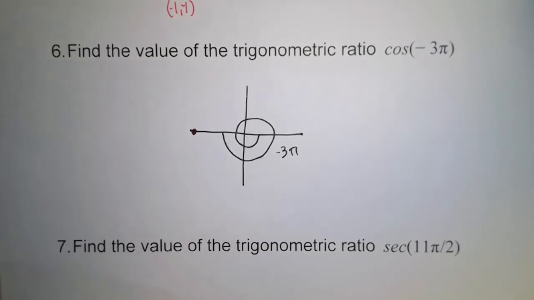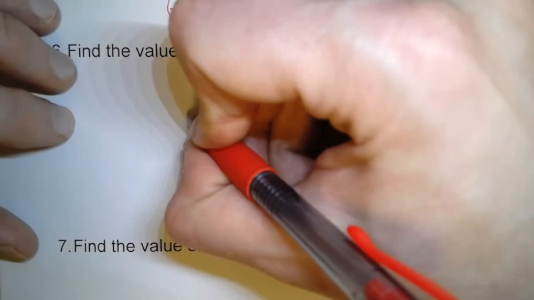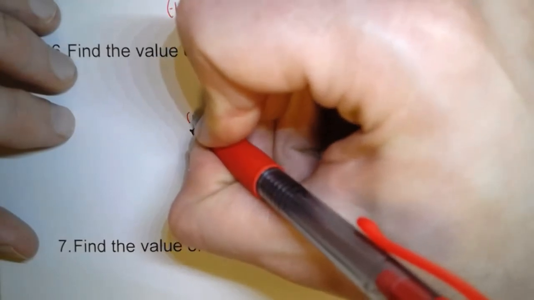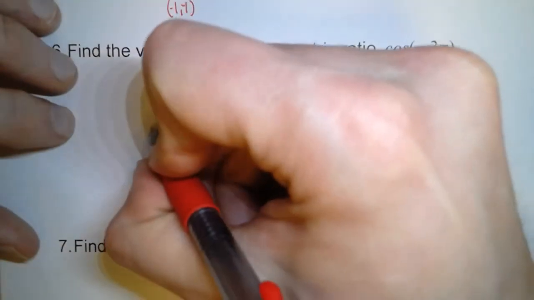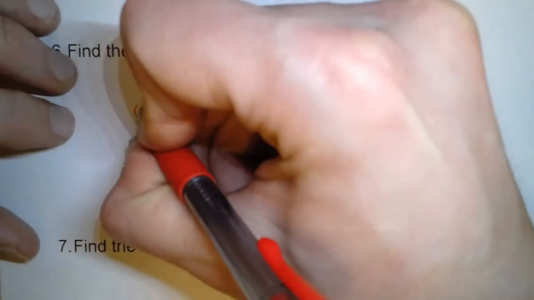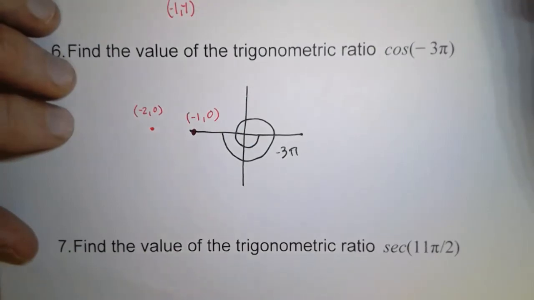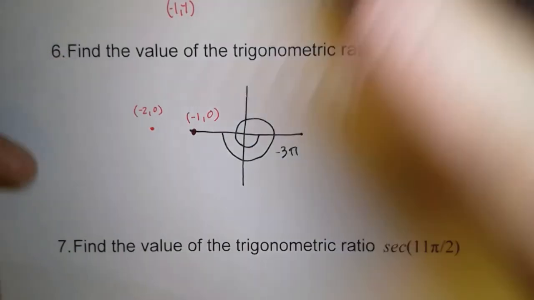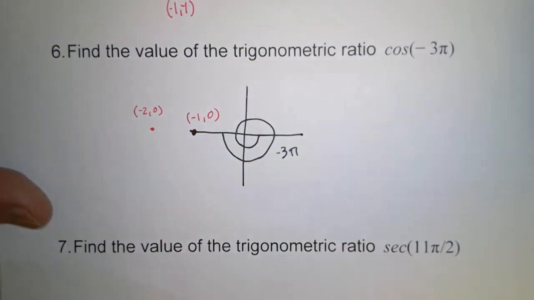Well, what we do is we say, well, what points could be there? Well, we could have a point like -1, 0, or maybe further out, it could be -2, 0. Well, we don't know. But the advantage is, when the point falls on either the x or the y-axis, it doesn't matter which point it is.